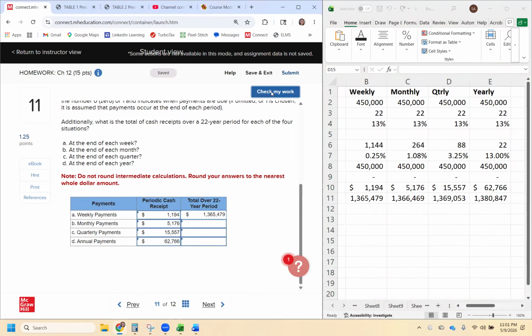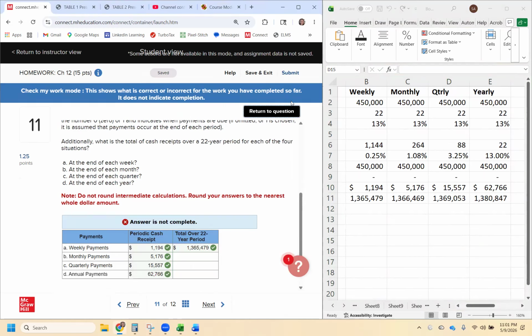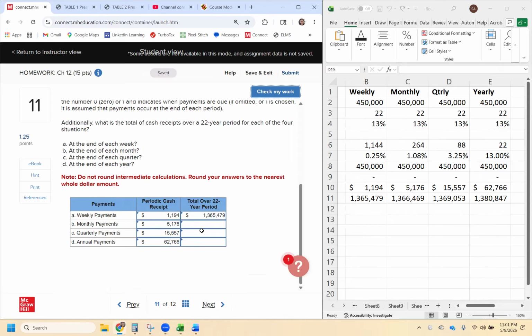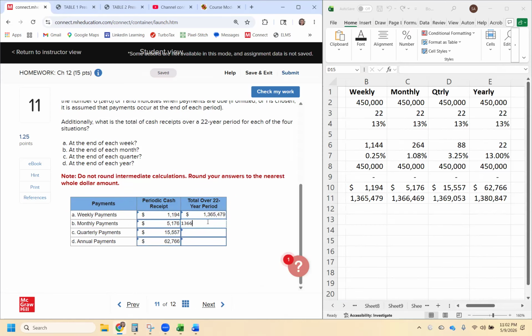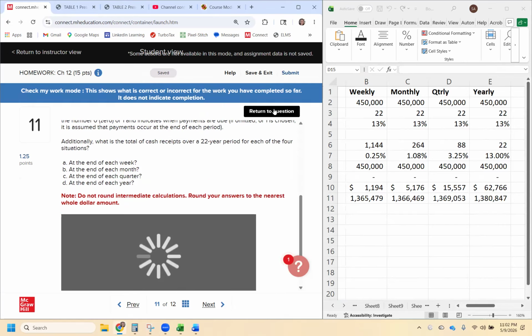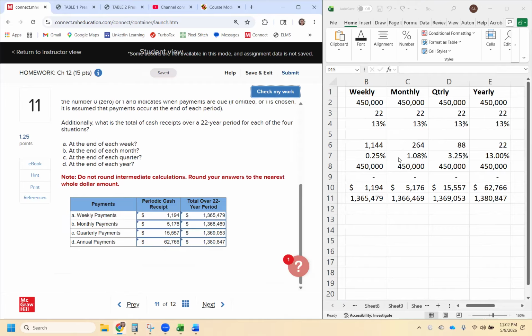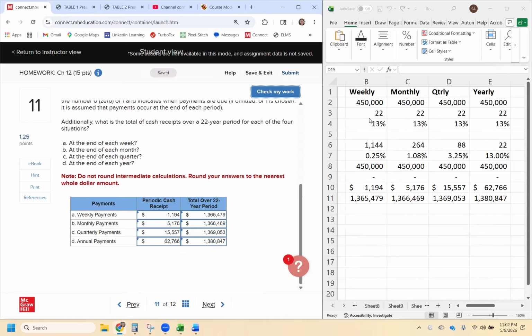I better double check that. Make sure I'm not leading you astray. Oh, good. 1,366,469. 1,369,053. And 1,388,47. Okay, that's how much it'll be. So since they're borrowing the money to buy this land at a high rate, 13%, it's actually going to cost them like triple that to actually buy the property from us.